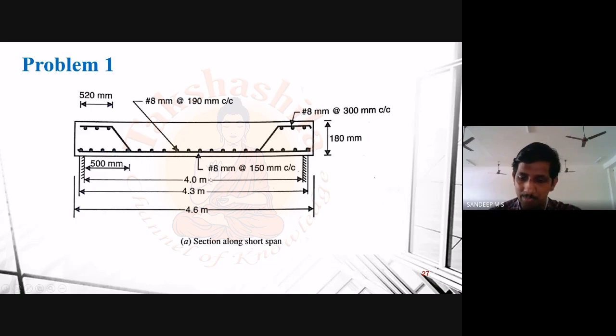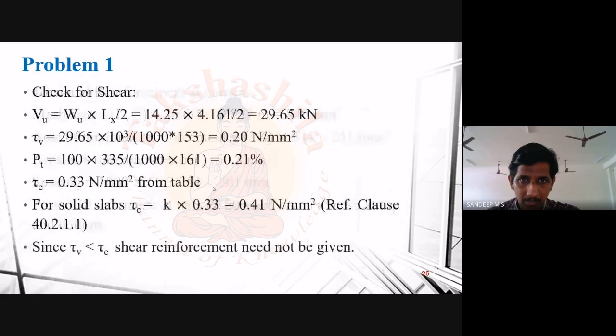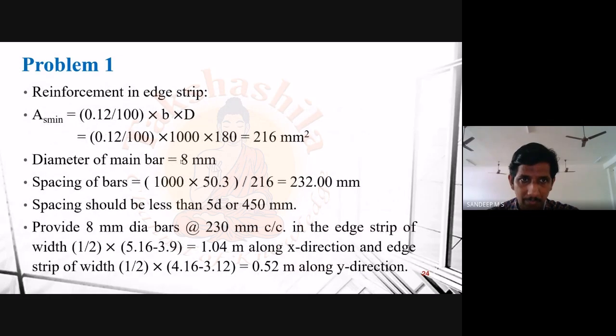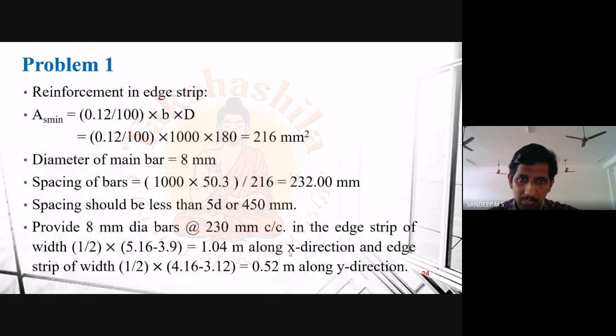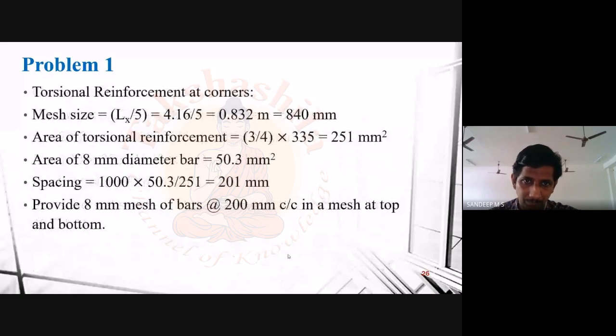For the shorter span, if you go back and see, where is it? So this one. When you designed based on Lx, we substituted Mx here and found out the Ast. It was 8 millimeter diameter bars at 150 millimeter C by C, center to center. So this is actually provided here.